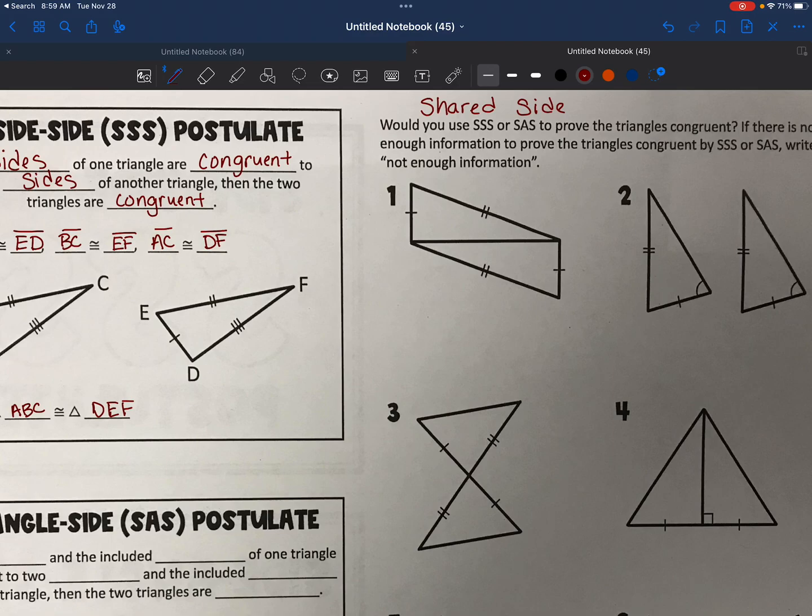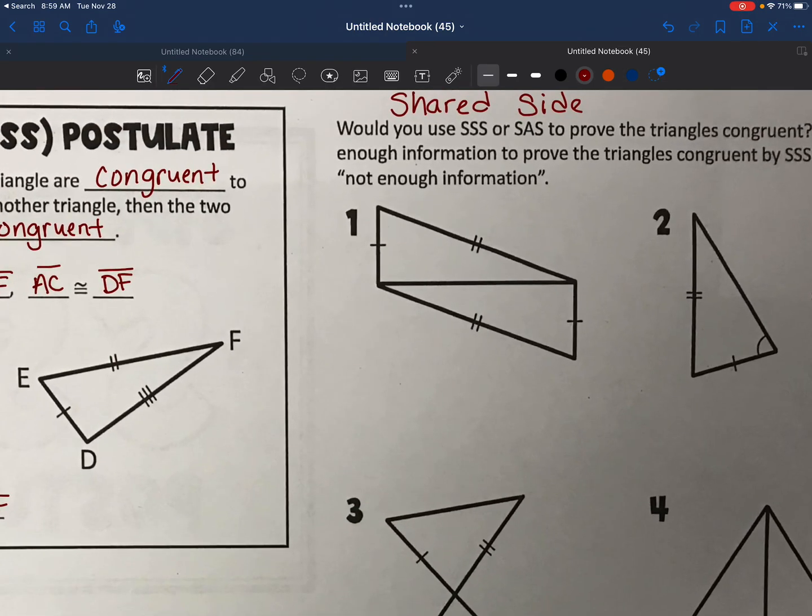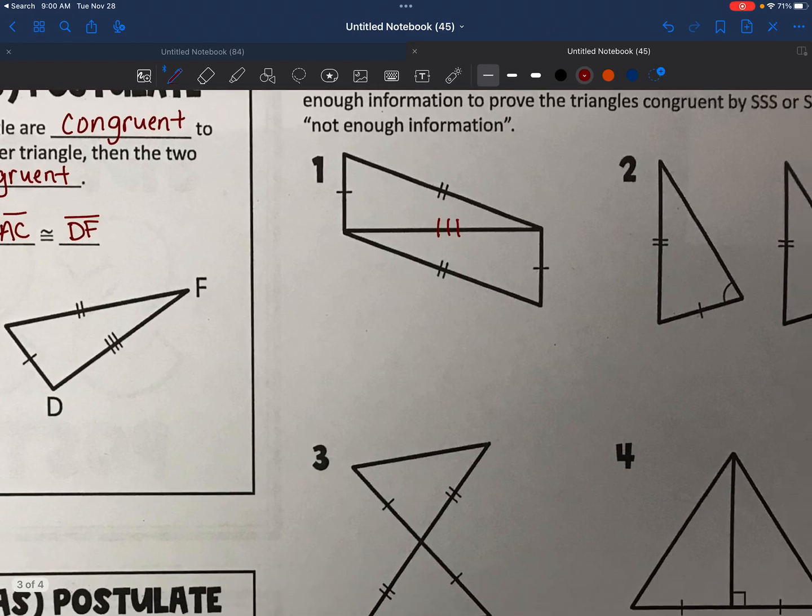Yeah, they're the same, right? So, do you see any triangles on here that have a shared side? Number one, how could I mark that those sides are the same? How many lines? Three. I have to use 3 because 1 and 2 are already used to show the two other sides. Okay, where else?